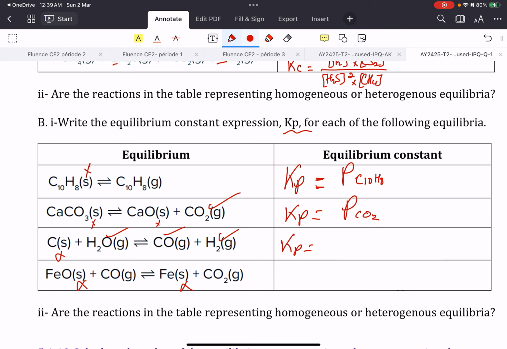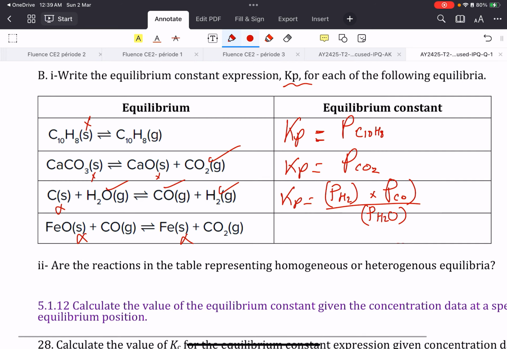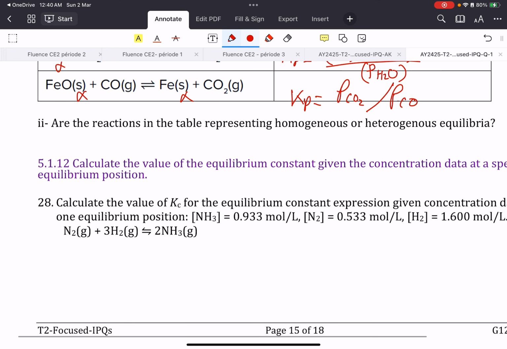Kp is pressure of hydrogen multiplied by pressure of carbon monoxide divided by the pressure of water. And last one, pressure of CO2 over pressure of carbon monoxide.